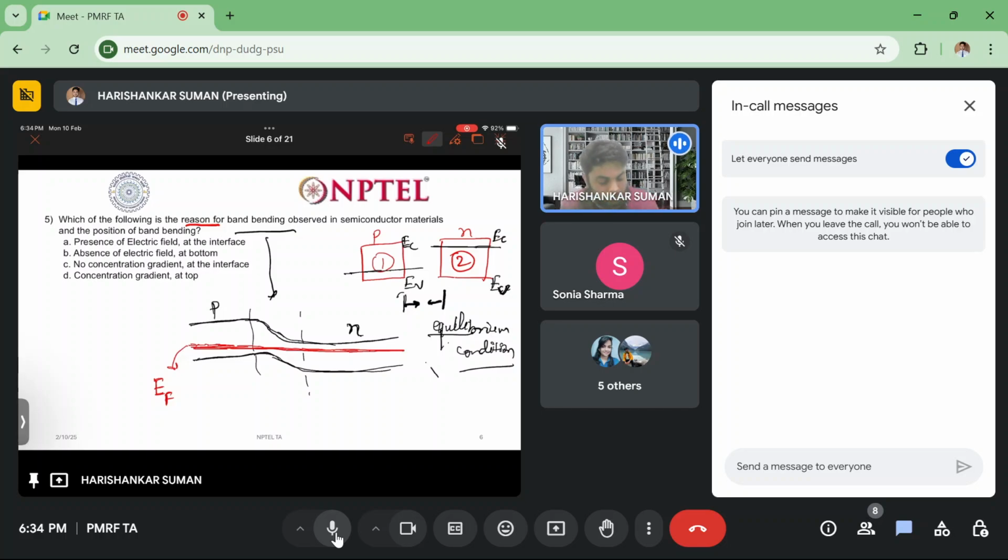So at the interface, band bending is happening, and this is due to the presence of the electric field.